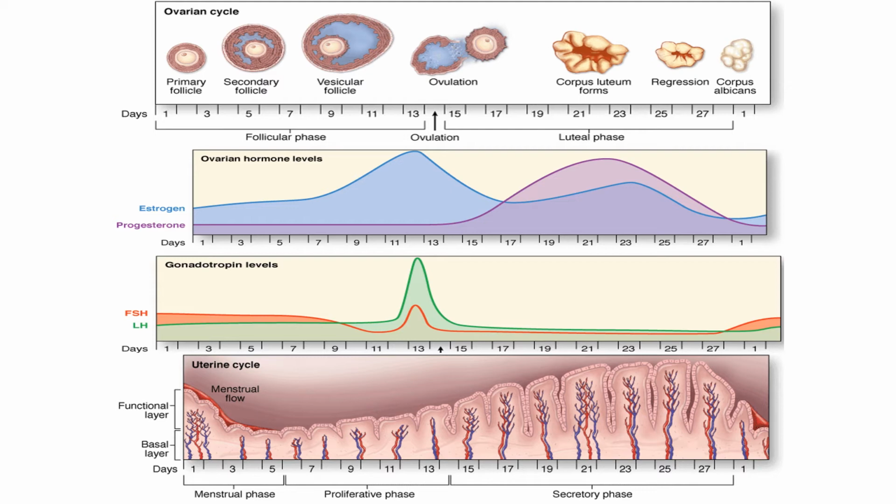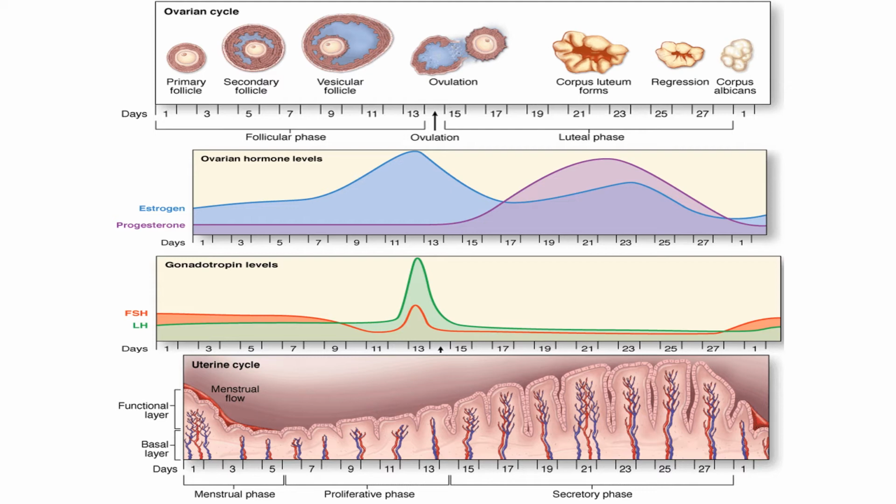After that is the follicular phase, which lasts around 8 to 10 days. Then around 14 days, there is ovulation, the secondary oocyte is released, and this portion is folded, forming the corpus luteum, the temporary endocrine organ.